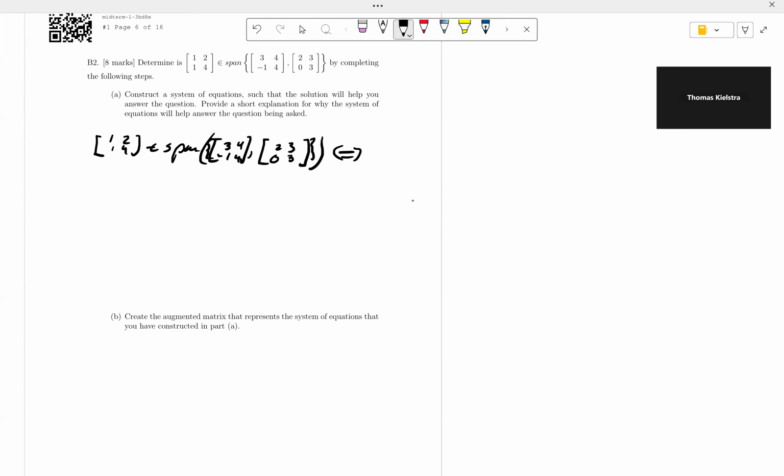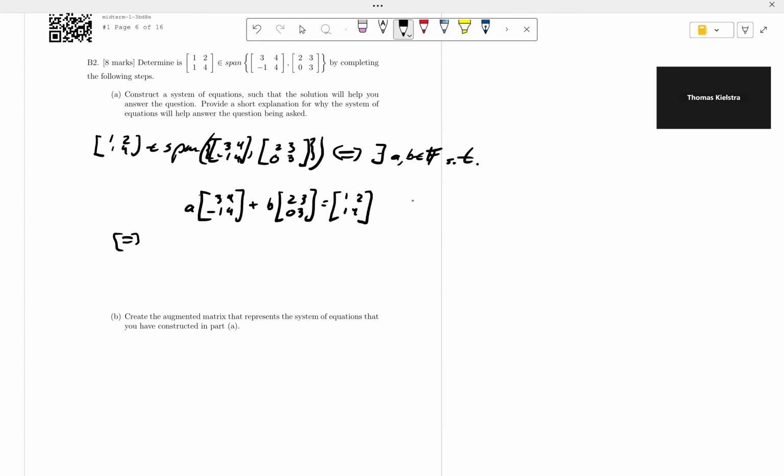It's in the span if and only if there exist a, b in F such that a times the matrix 3, 4, minus 1, 4 plus b times the matrix 2, 3, 0, 3 equals the matrix 1, 2, 1, 4.